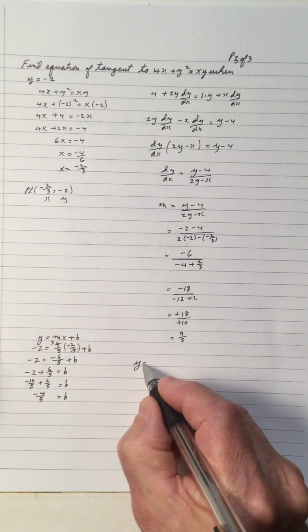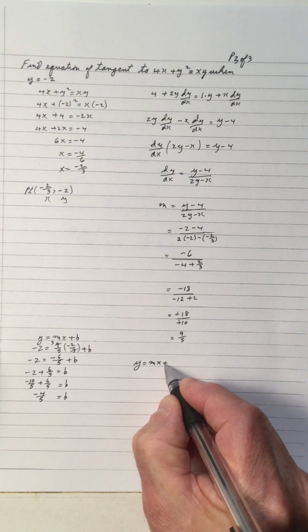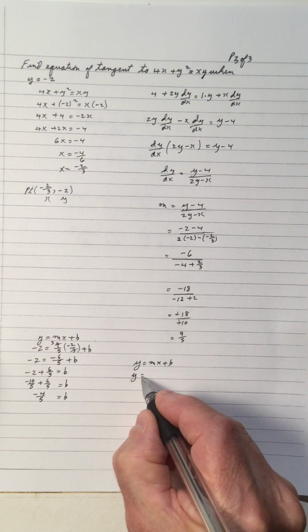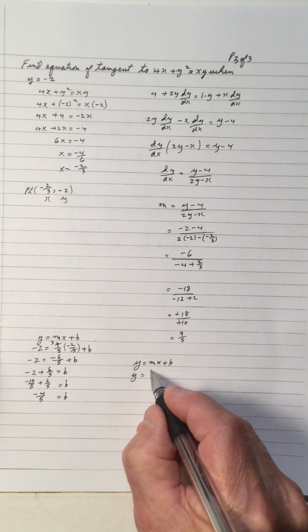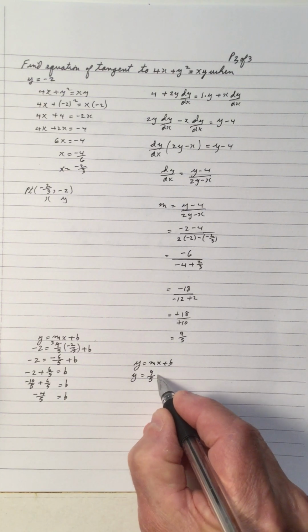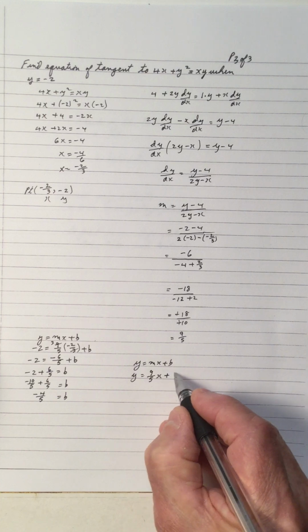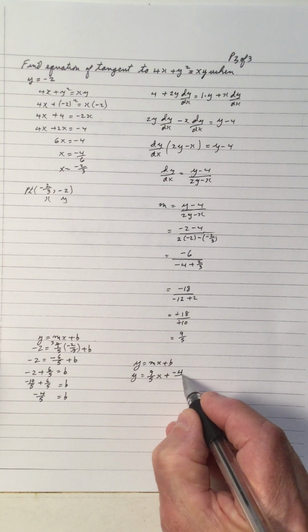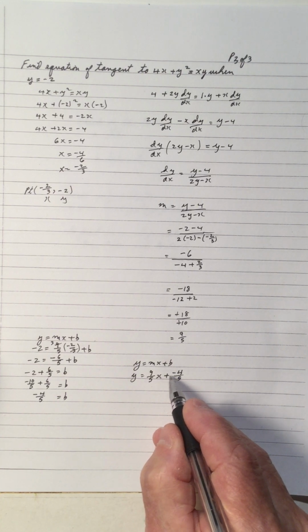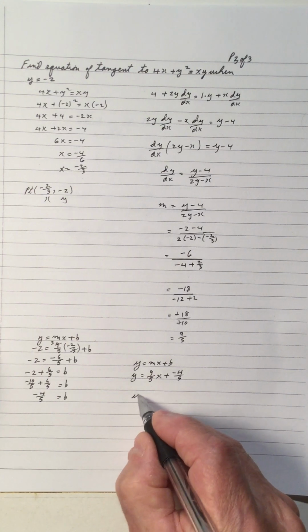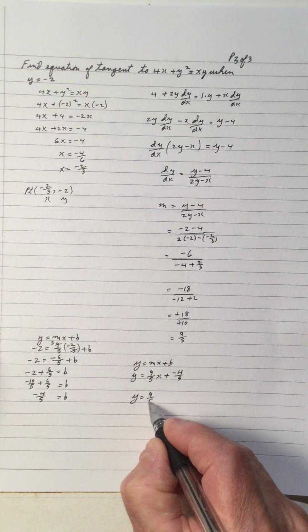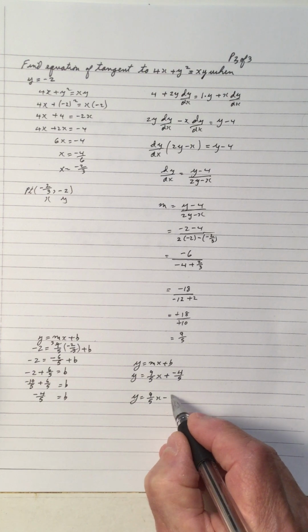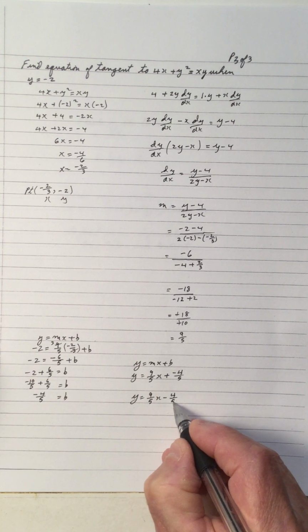So the equation is y equals mx plus b: y equals the slope 9 over 5 times x plus b, which is negative 4 over 5. Or I have a plus a negative there, but really if I wanted to, just 9 over 5 x subtract 4/5, same thing.